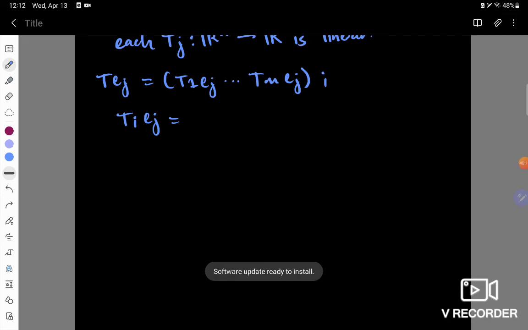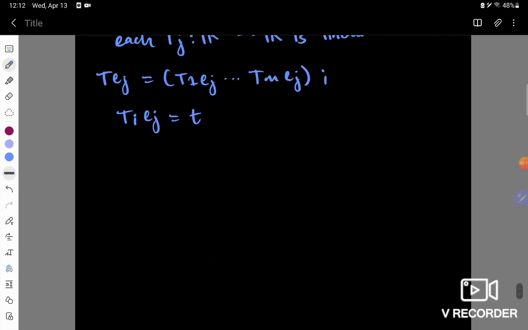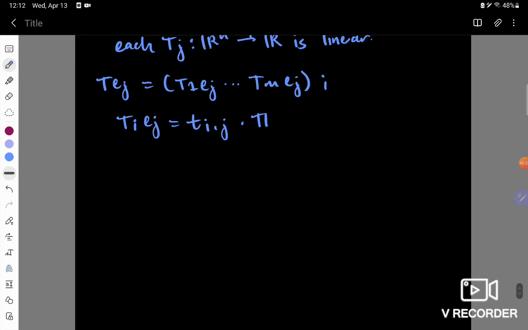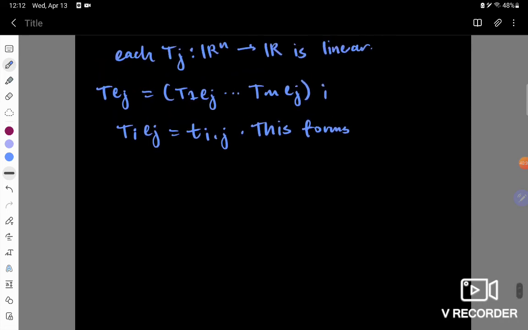I'm used to using T. So let's just say little t, t i j. So this forms a representation as an m by n matrix. I really stumbled on those for a second.